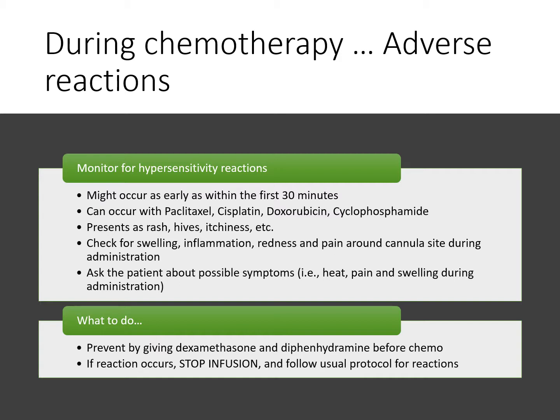Some of the side effects might be hypersensitivity reaction, which tend to occur early, and if you're giving a drug like paclitaxel or cisplatin or doxorubicin, you can watch out for those. And then drugs like doxorubicin cause a lot of swelling and inflammation of the cannula site. So you kind of have to know a little bit about this. So there's a lot of resources that we have provided to guide you.